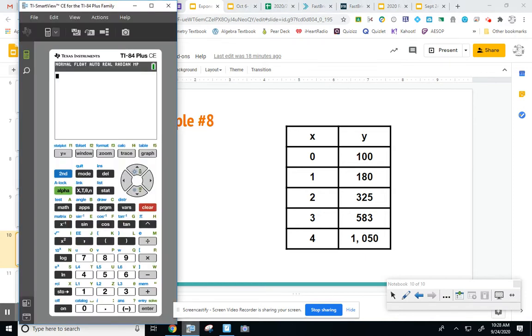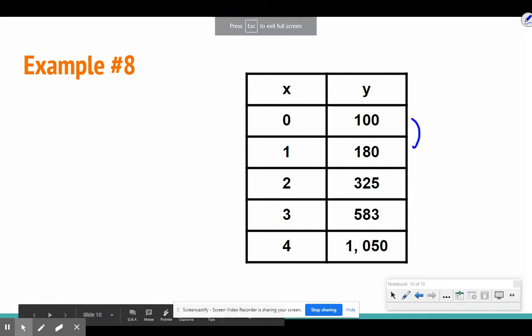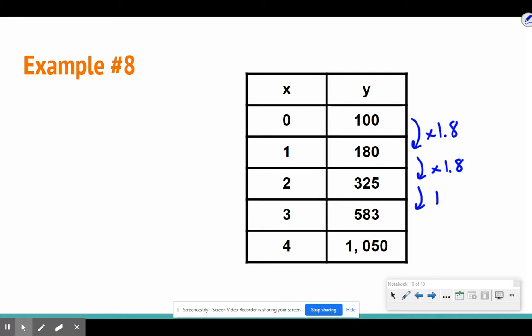And remember how I said you can take that second number, 180, and divide it by the first number. That will give us what we are multiplying by. So even if we're increasing or decreasing, you can always find that multiplying factor. Then you can double check that 1.8 is actually correct by typing in 100 times 1.8, 180 times 1.8, and so on and so forth. So we are multiplying by 1.8 here all the way down because I double checked. You should always double check.